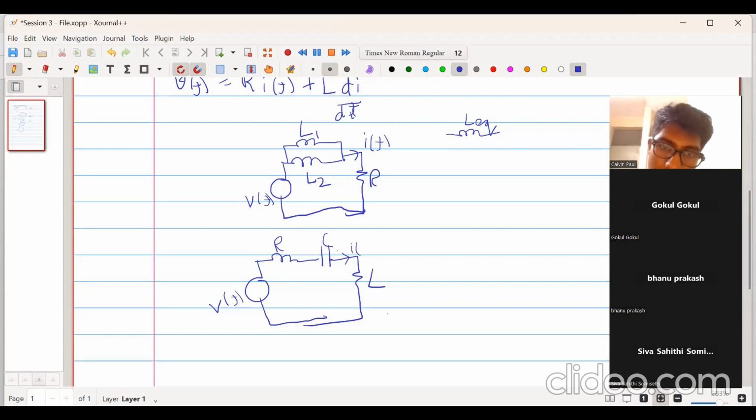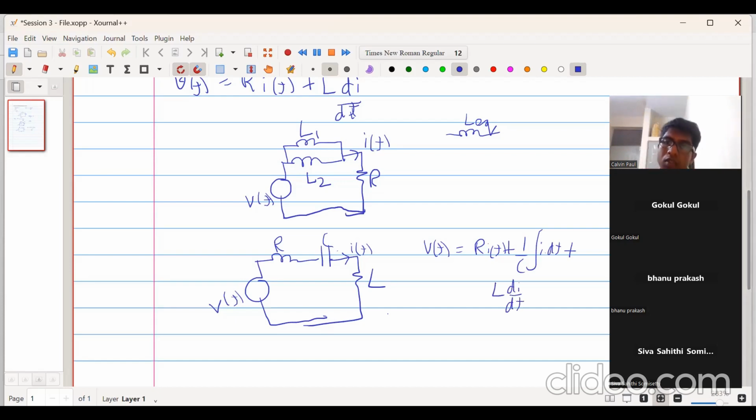V of t is equal to R into I of t plus 1 by C integral of I dt plus L into di by dt.